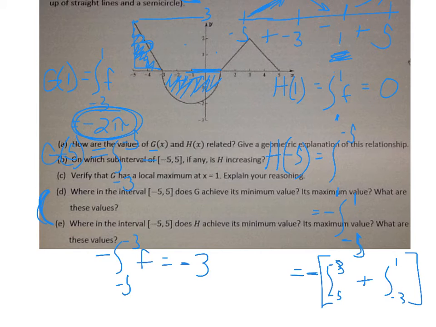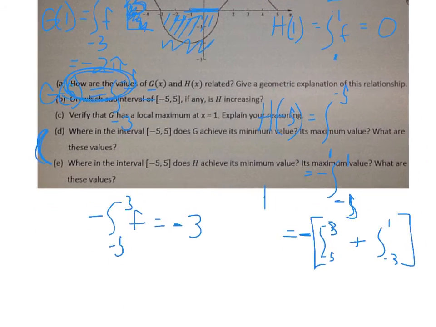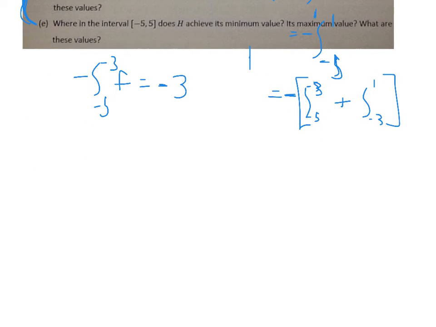I'm going to get that whole area, and then I have to make it the opposite of that. So this is still, the areas are essentially the same. I know this is getting quite sloppy here, but the area from negative 5 to negative 3, if you look back on that, was 3.